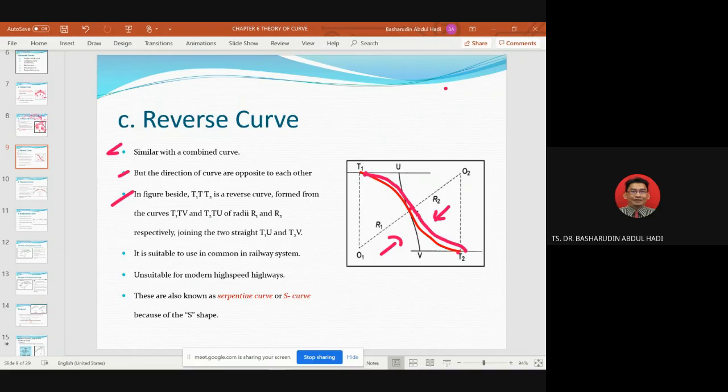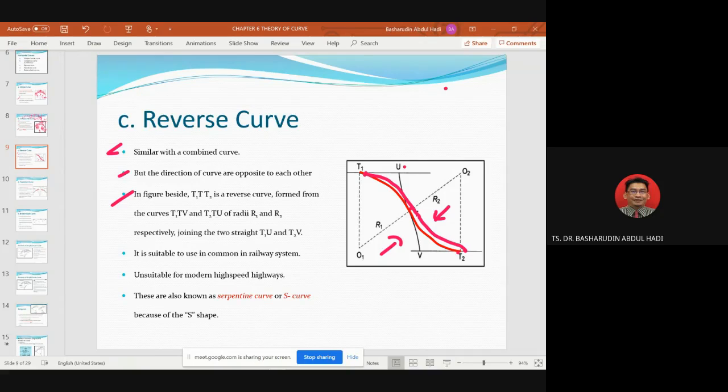It is formed from the curve T1TV and another one, T2TU, of radius 1 and radius 2. Sometimes the radii are the same, sometimes different.